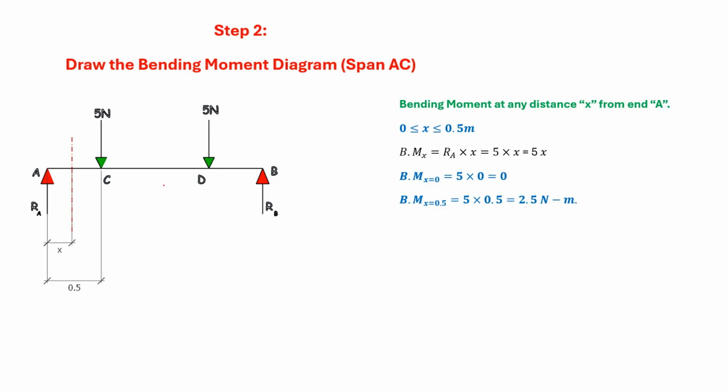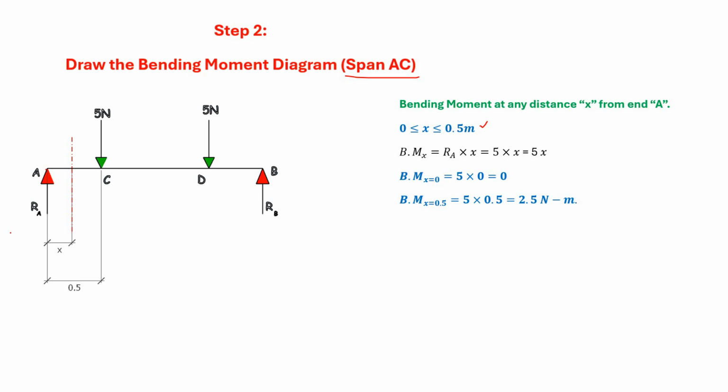So consider the bending moment at a distance x from the point A. This is the span AC, and for span AC we will frame an equation. From point A to point C, the limits are between 0 and 0.5 meter. X can have values only between 0 and 0.5, so this equation is valid only for these limits.